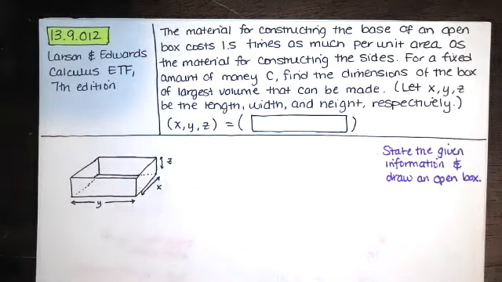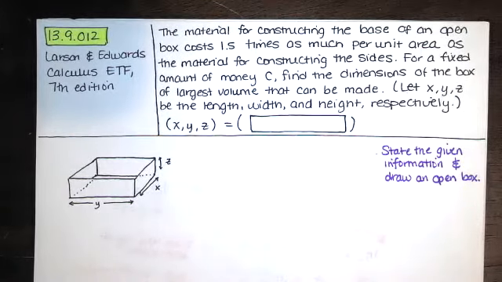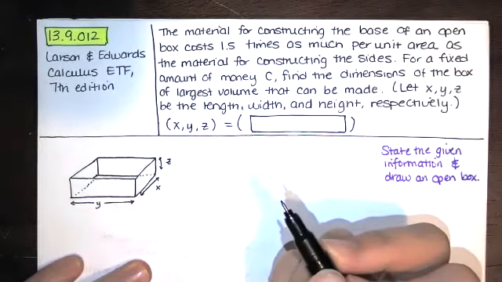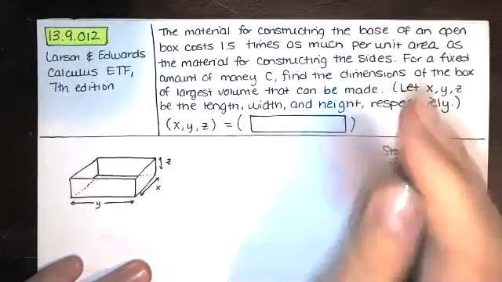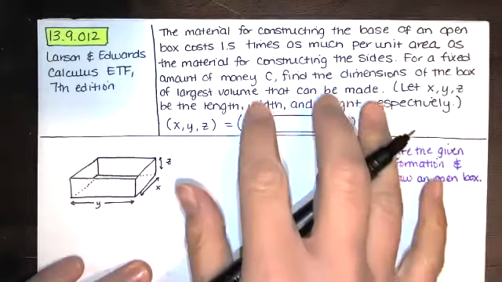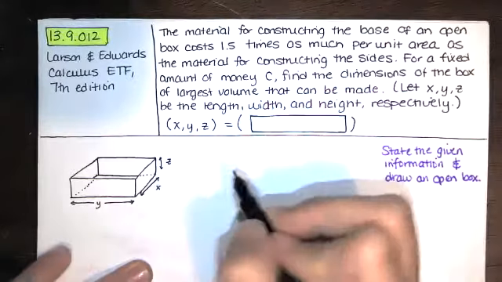Okay, let's see, what else is given? We're told that the material for constructing the base costs 1.5 times as much per unit area as the material for constructing the sides.